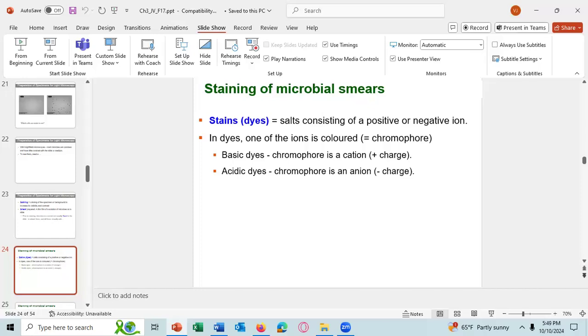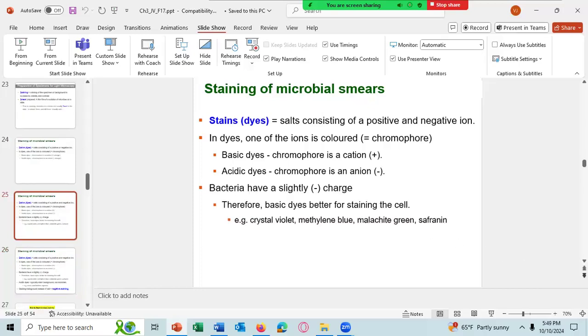So this tells you we have two different types of stains, a basic dye and an acidic dye. The basic dye has the colored portion, the chromophore of the stain, which colors the specimen, on the positive part of the salt. Most stains in microbiology are basic dyes, but we do have some acidic dyes. Bacteria have a slightly negative charge.